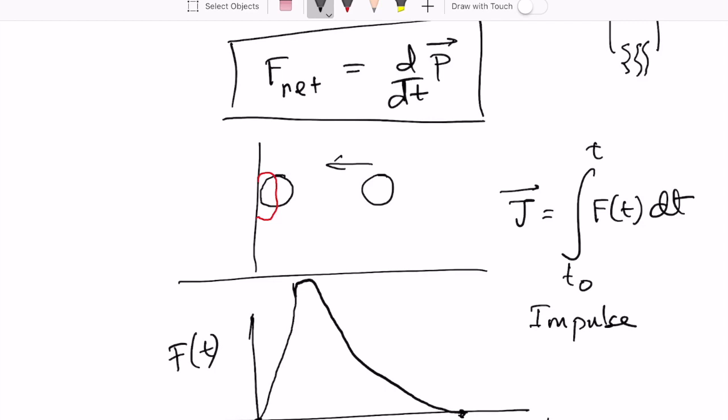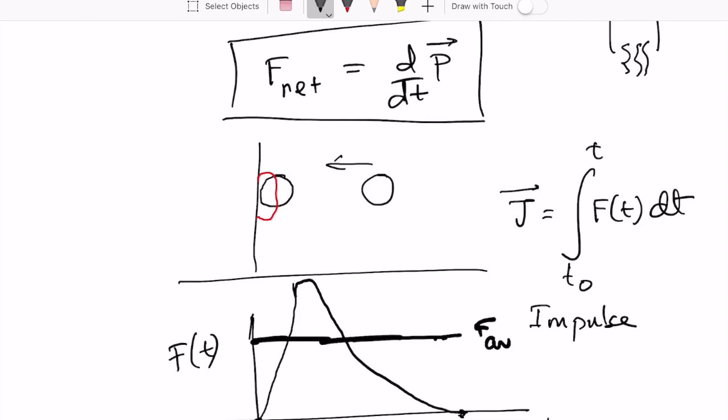So let's just pretend that the force that the wall exerts on the ball is a constant force. So we would just call that F average. So we are replacing the actual force with this constant force.